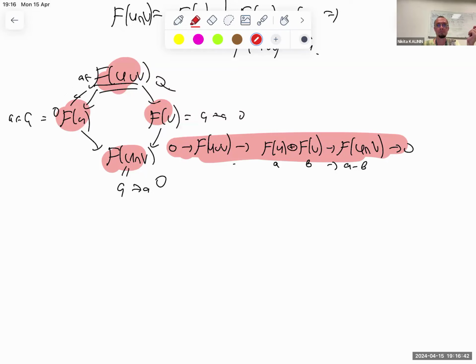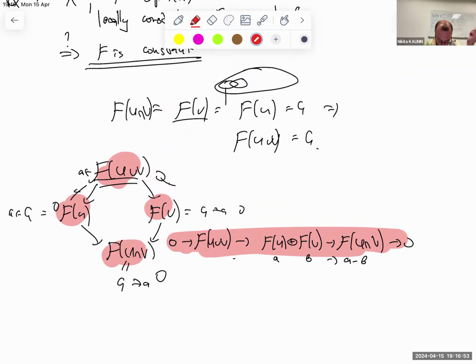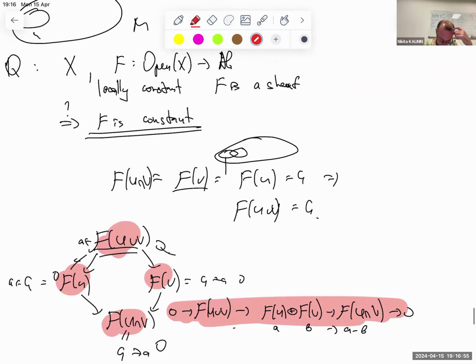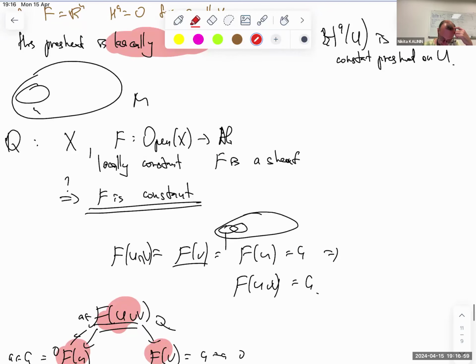Okay. Maybe we also need X to be a connected space for this. So lemma or theorem. Yeah, you're right. So let's say that here we just added X is connected.